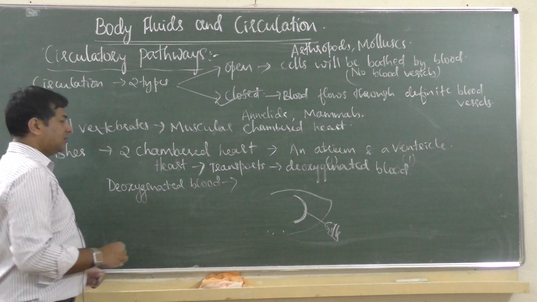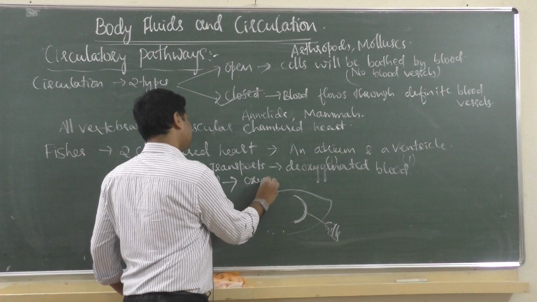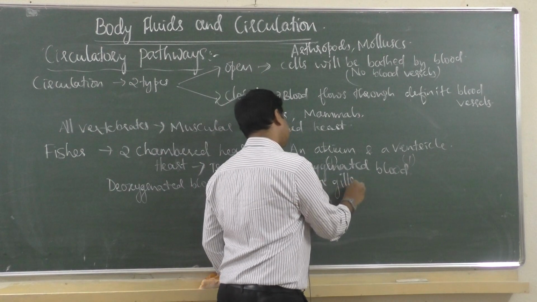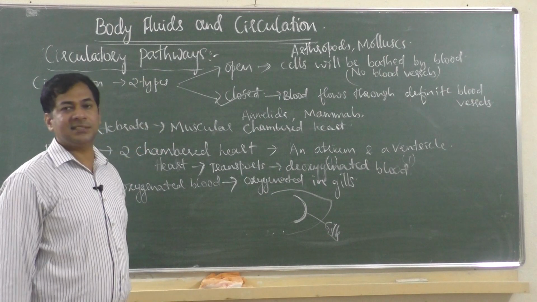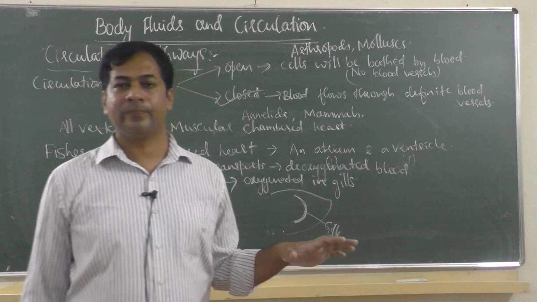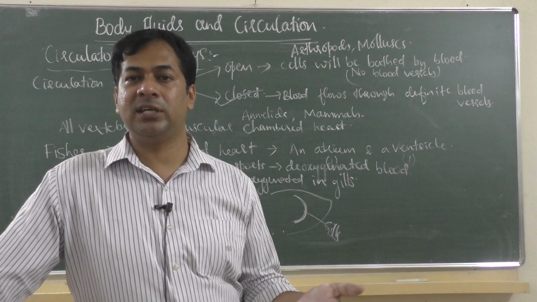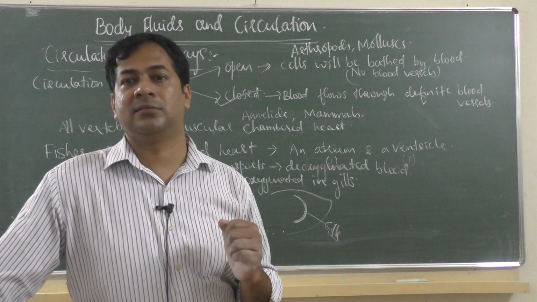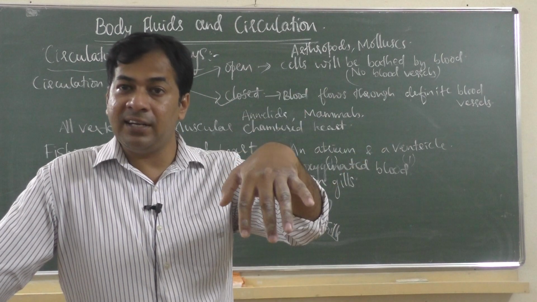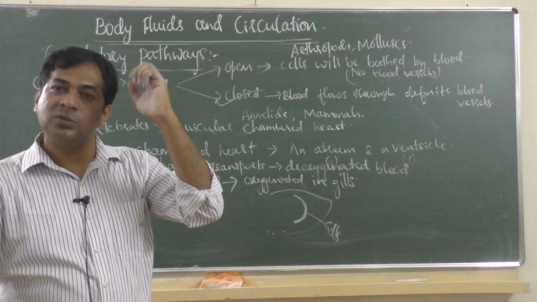The deoxygenated blood is oxygenated in the gills. Then from the gills, oxygenated blood is transported to the whole body. From the whole body, carbon dioxide mixed blood comes back to the heart. Then from the heart, deoxygenated blood goes to the gills and gets oxygenated, and oxygenated blood goes to the whole body.